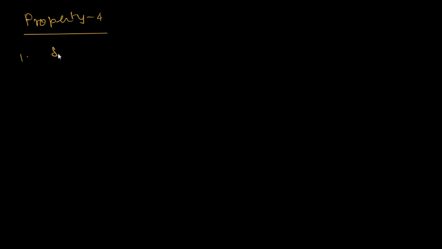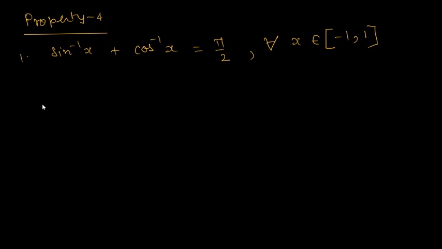Sine inverse of x plus cos inverse of x is given by pi by 2 for all x that belongs to the closed interval minus 1 comma 1. 2.